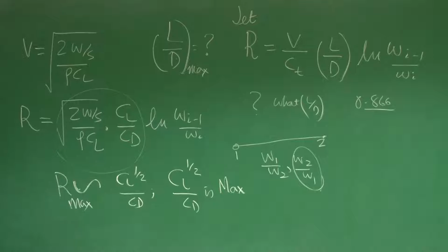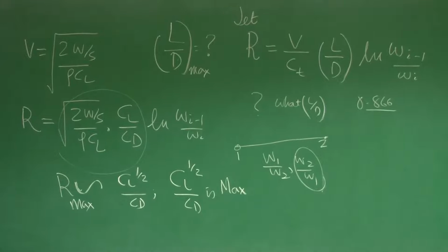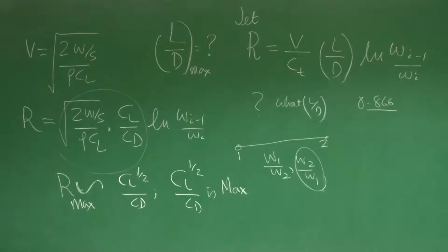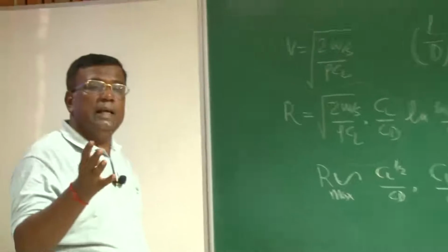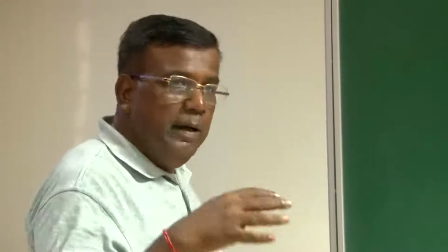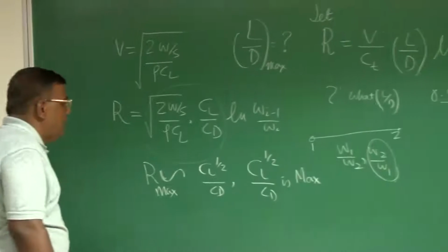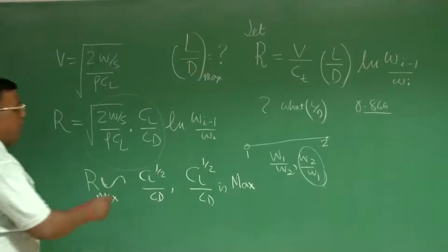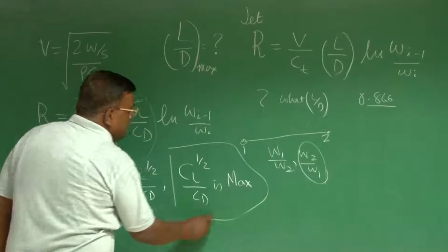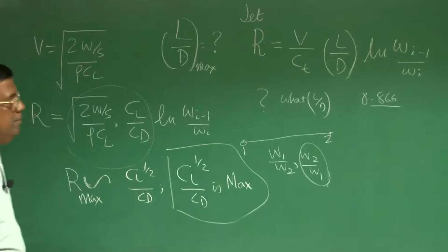You have seen for propeller-driven airplane and jet-driven airplane, for a range case, we had various conditions like CL by CD maximum, CL to the power 3 by 2 by CD maximum. But here we are talking about jet-driven aircraft, which we have done in the performance course. It means CL to the power half by CD should be maximum.